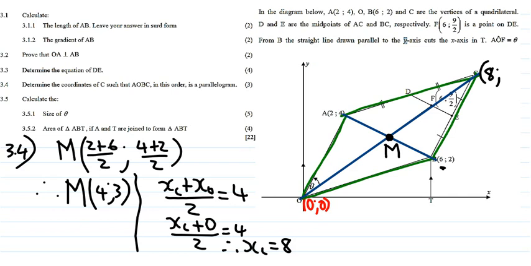Did you find it? 6. You're not agreeing because it's 7. Okay. But obviously you're going to do the exact same thing. You're going to go yC plus y over 2, but you're going to equate this to 3 this time around, and 2 times 3 is 6. So y at C is 6. Cool, brilliant. Just like that.